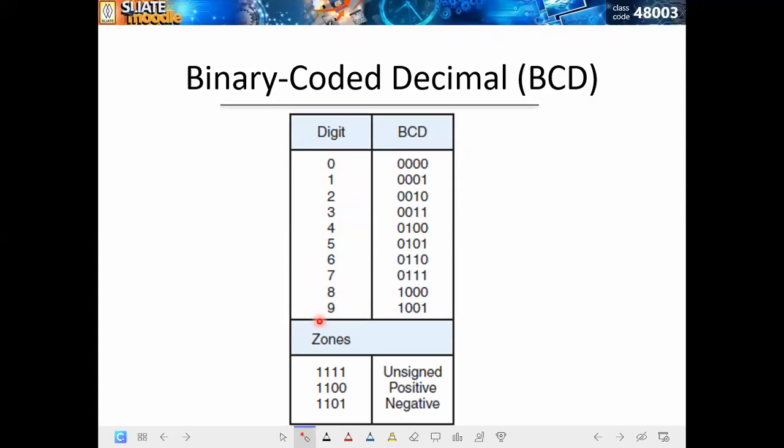To represent any number, for a decimal there are 10 different symbols. For a binary, you know, right? We have to use 2 different symbols because the base of the binary is 2.